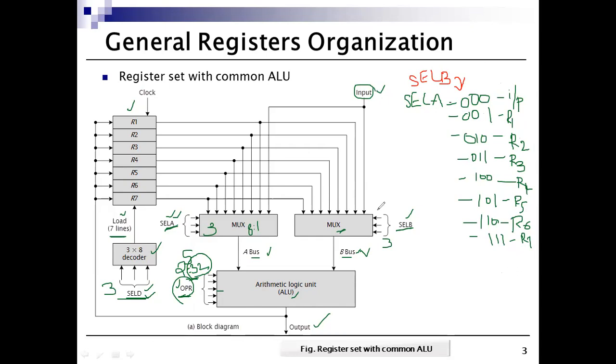Next we specify OPR, which is the operation. Based on the 5 bits, one particular operation can be done. As I mentioned, it is completely the designer's perspective. He has to choose what operations can be performed, what instructions are facilitated for the programmer for this particular computer.